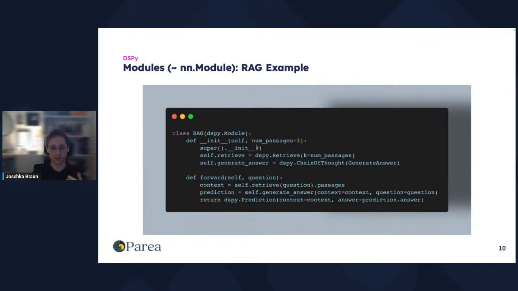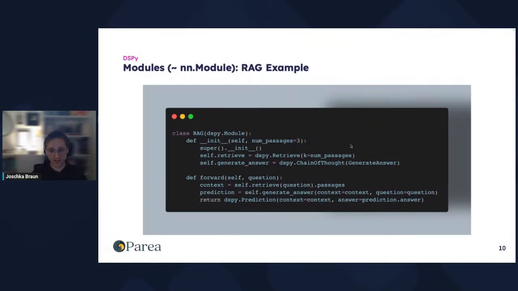In this initialization step, we will first use the DSPy built-in retrieval mechanism, and then the chain of thought generate answer signature to generate an answer. During the forward pass, given a question, we will first retrieve the relevant passages, and then we will generate a prediction with our chain of thought pipeline, and then return the context as well as the answer.